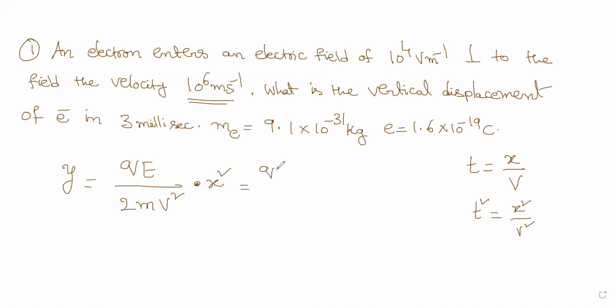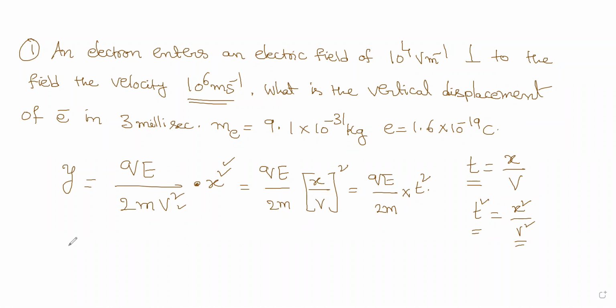So you have QE by 2m times x by v whole square, which is QE by 2m times t square. Now we just have to substitute everything.